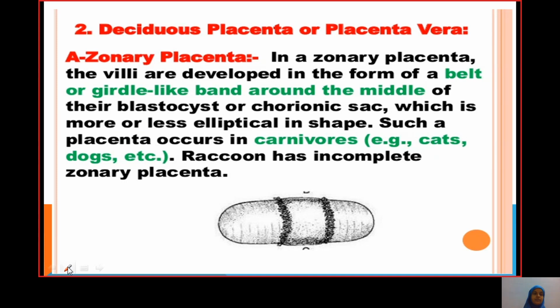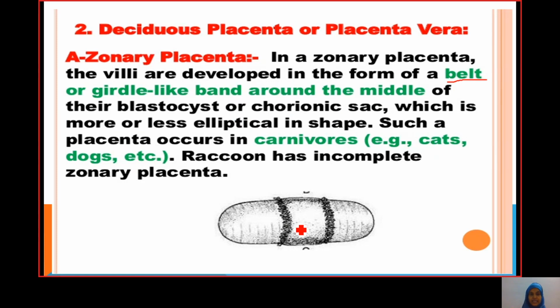Zone, you know. Have you ever heard of red zone, green zone, yellow zone? A zone is a marked area. Here in a zonary placenta, the villi are developed in the form of a belt or girdle-like band around the middle of the blastocyst or chorionic sac.